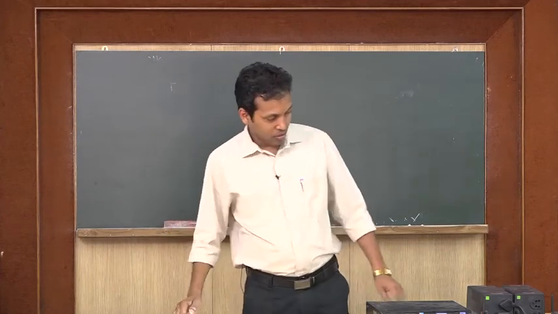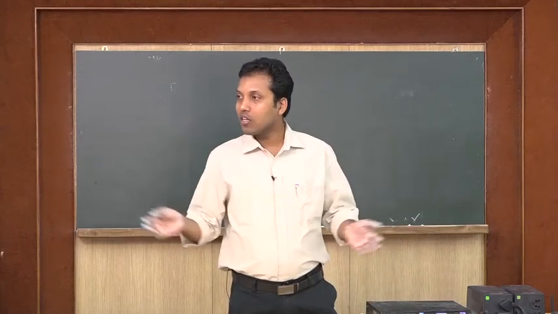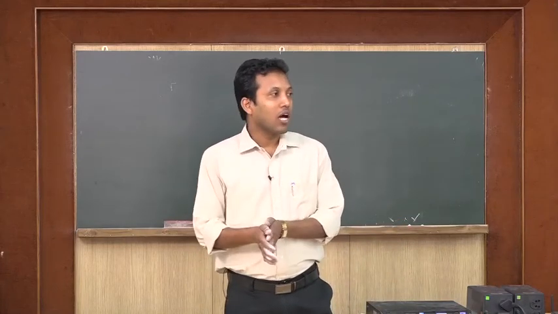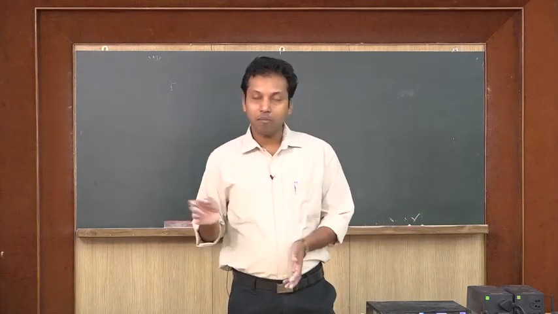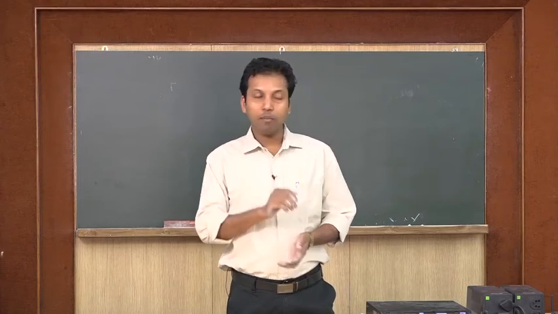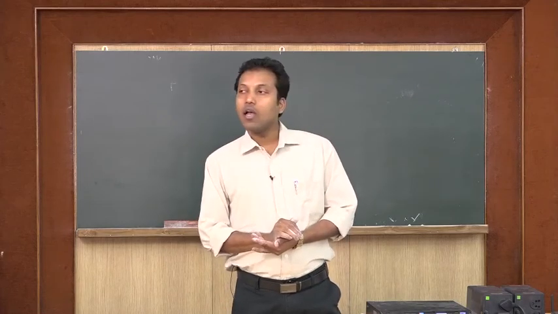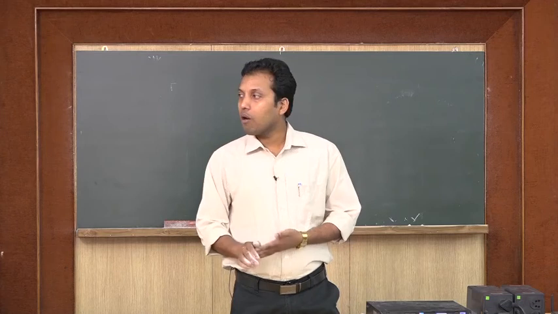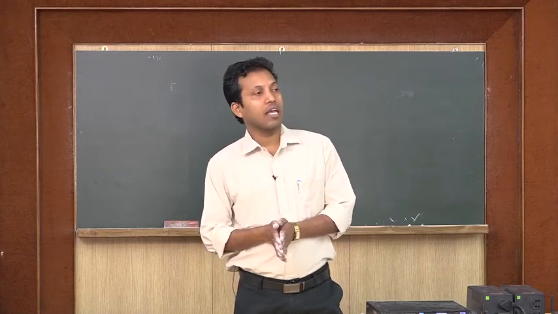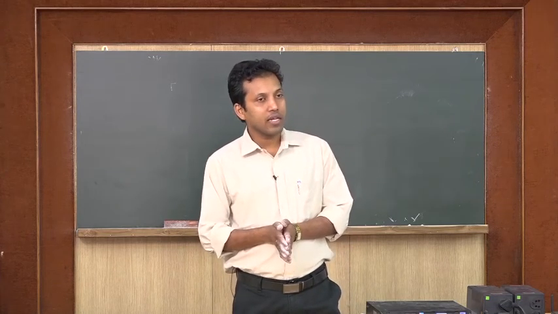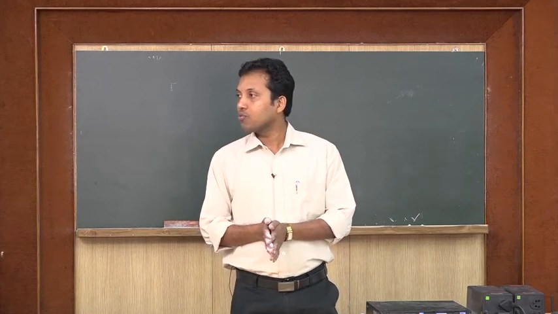No questions. So, I will only brief. What we have seen today is power law creep and Harper-Dorn creep. In the power law equation, n ranges from 3 to 8, mostly n equal to 5.